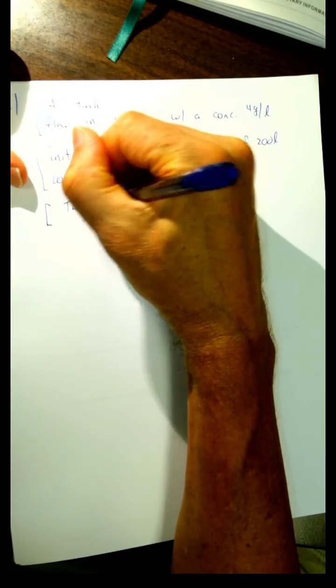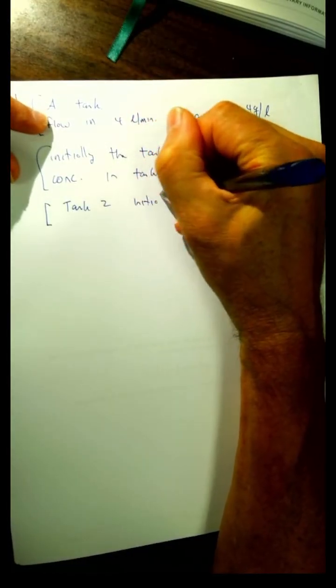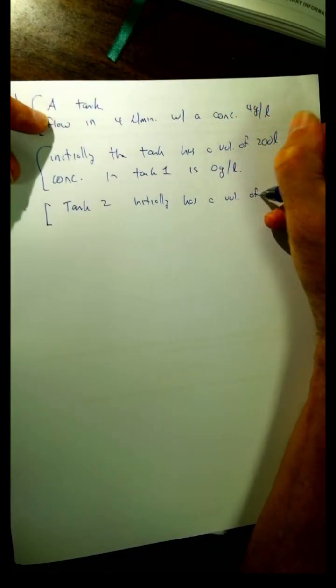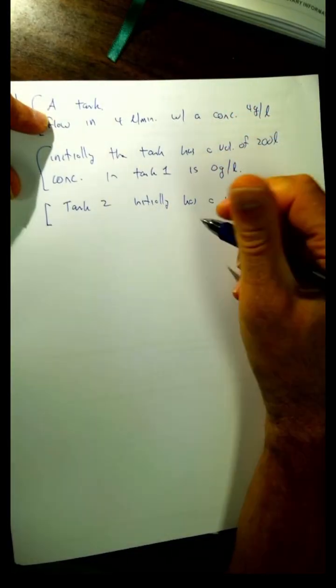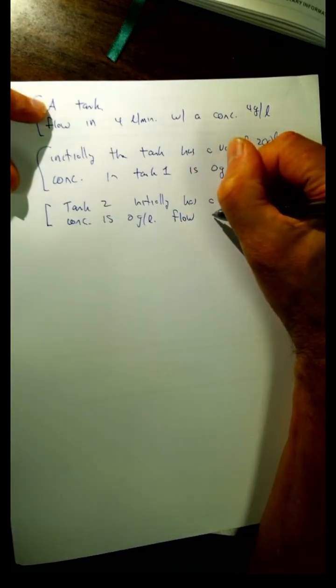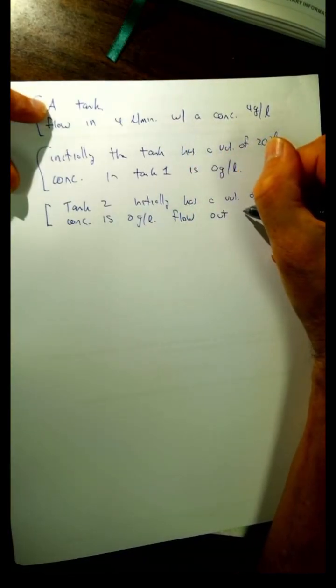I'm going to suppose I have a second tank. Tank 2 initially has a volume of 100 liters, and its concentration is 0 grams per liter. And I have a flow out at 4 liters per minute.